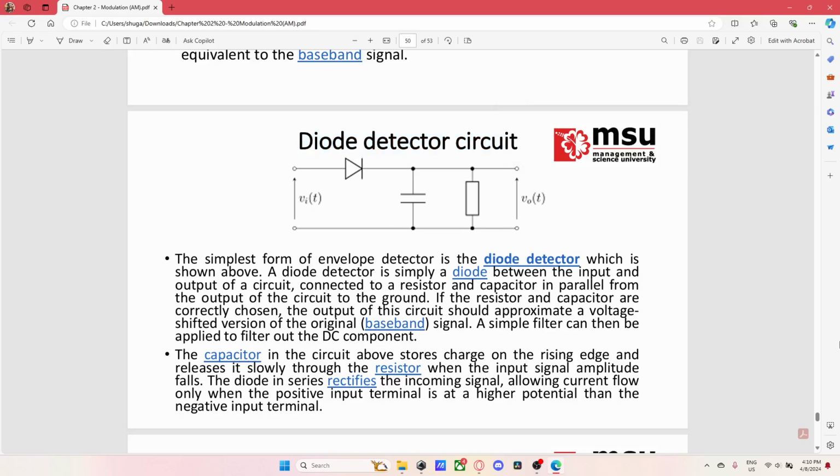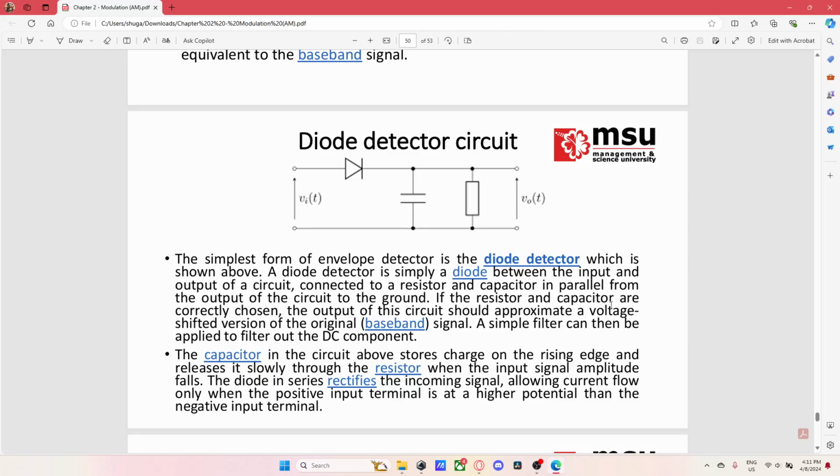It includes a diode, a capacitor, and a resistor to create a filter. This is the simplest form of envelope detector, the diode detector, which is shown above. It is a diode between the input and the output of a circuit, connected to a resistor and a capacitor in parallel from the output of the circuit to the ground.